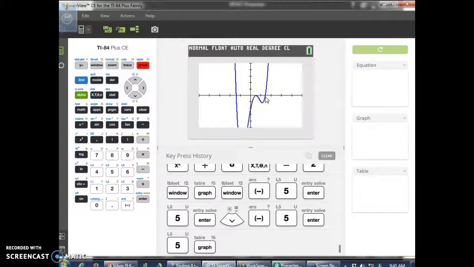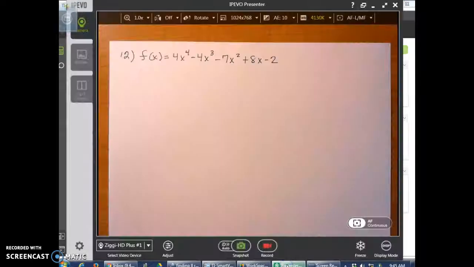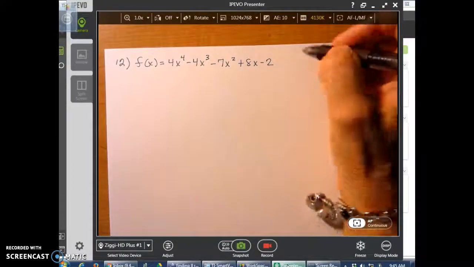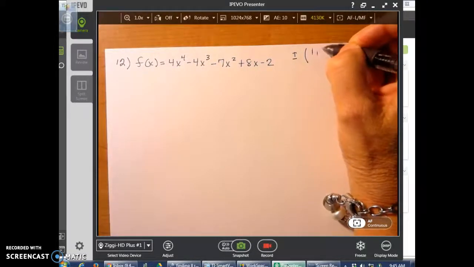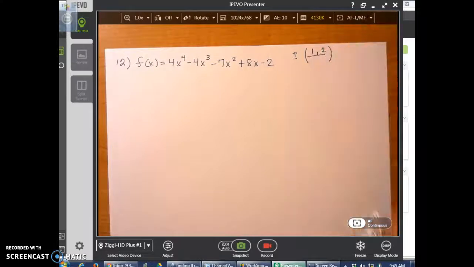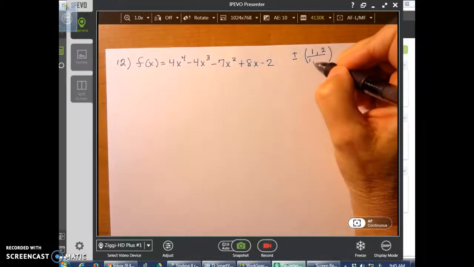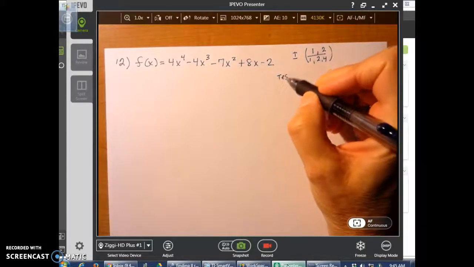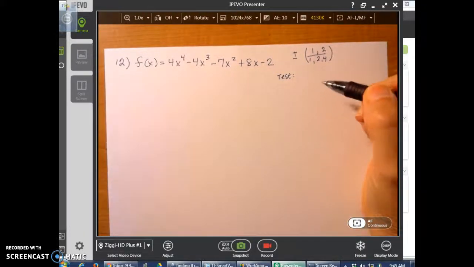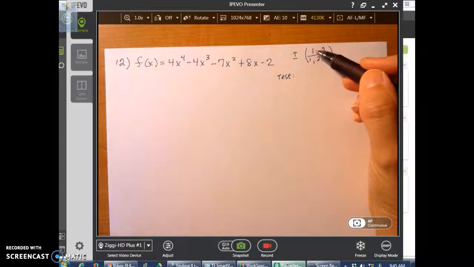So what I want to do is explore the possibilities as to what our real rational roots are. Let me show you here. The possible rational roots are going to be plus and minus 1 and 2 over 1, 2, and 4. To figure out which ones I'm going to test, I have to pair them: 1 over 1, 1 over 2, 1 over 4.